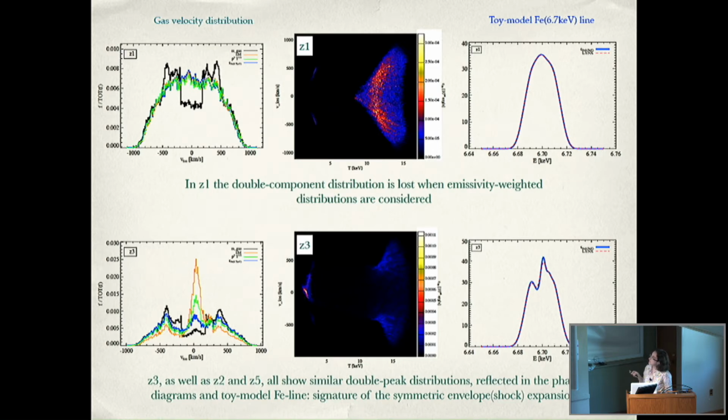And if you translate this into an iron line shape expected by assuming simply a Gaussian as a toy model for the line, you see that in both cases, the main features of the distribution are more or less preserved, although smoothed out. Here also thermal broadening is included, although minor. And in this case here is the one I was telling you before.